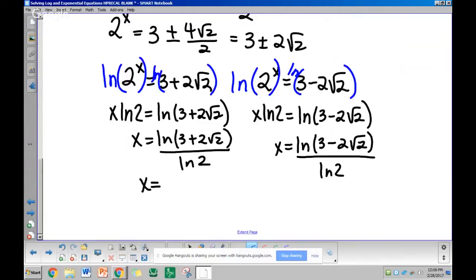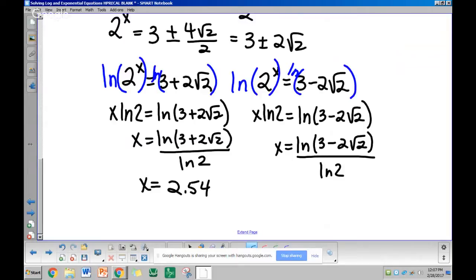And so if we get x equals, we need a beautiful number here, to the plus 2.54. Good, 2.54.